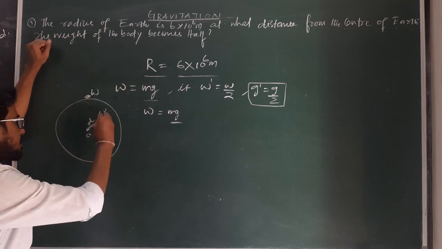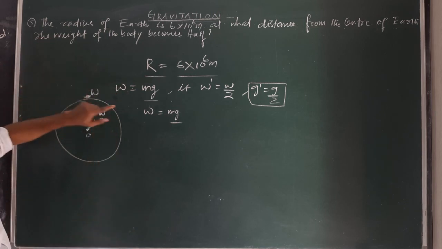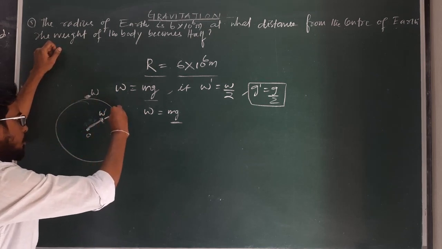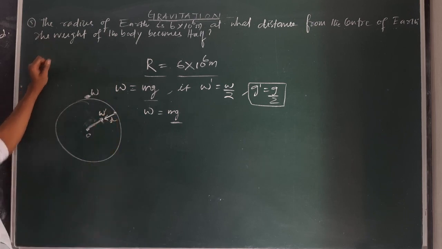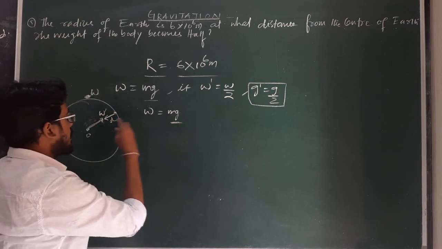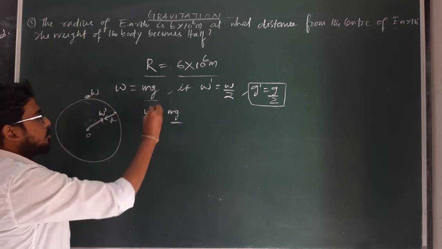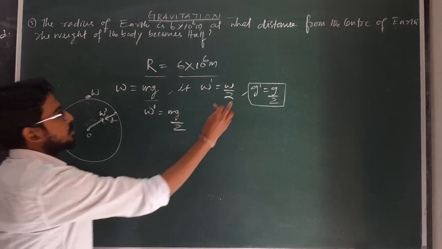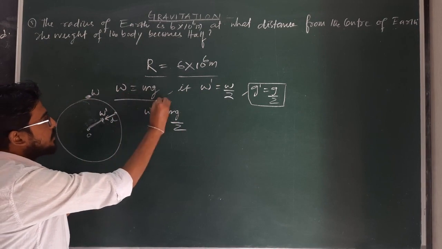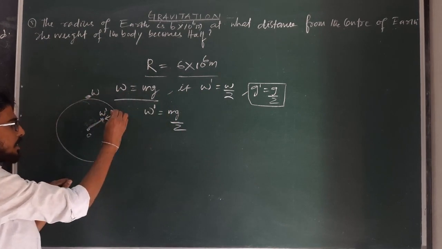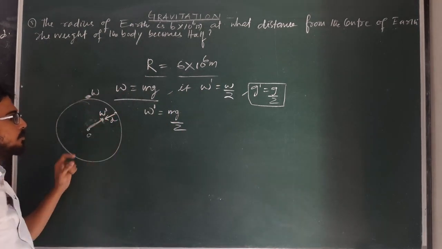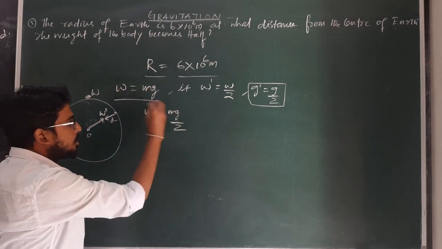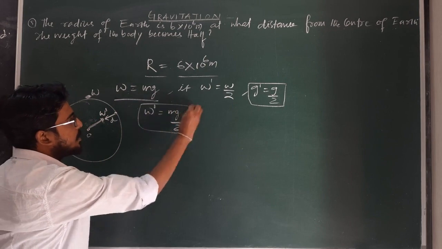So if this is the point where the weight of the substance becomes half, and its depth from the surface, let it be d. Clear? So we can get at this place, if this is w dash, it will be how much? mg by 2. Clear? Because on the surface the weight is mg, and at the position which is at a depth d from the surface, the weight of the body will become half of the weight on the surface, which is w dash equal to mg by 2.